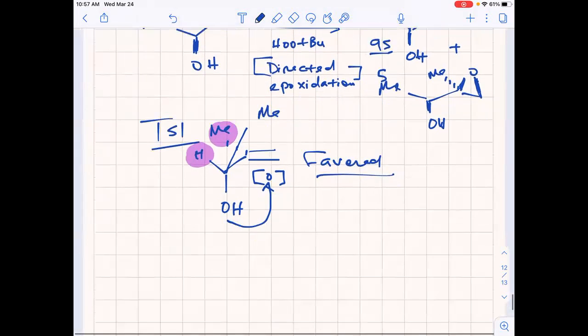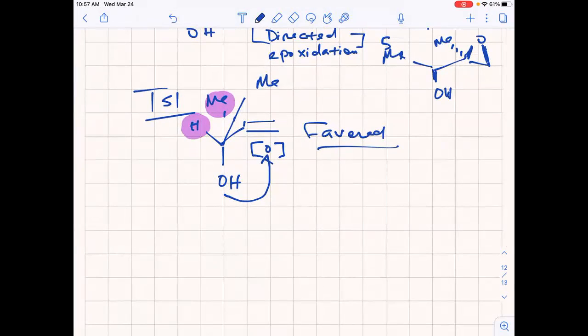And then by the same token, if we look at the second possible transition state, where the OH is delivering from the top face, because it's a directed epoxidation where the OH kind of grabs onto the vanadium, and then the OH can deliver that oxidizing agent to either face, right?